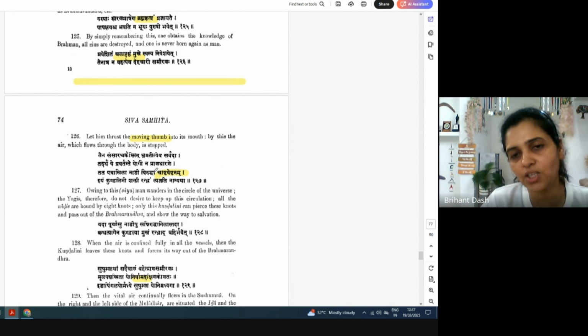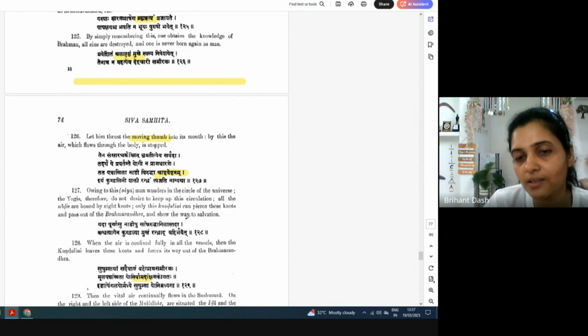They are mentioning here 8 knots in the body. If you pierce these only, then you will reach this Brahmarandra. That is the way to salvation. Okay, we read about the 7 chakras, but 8 knots they are mentioning over here. Ashta Veshtanam. 8 knots.